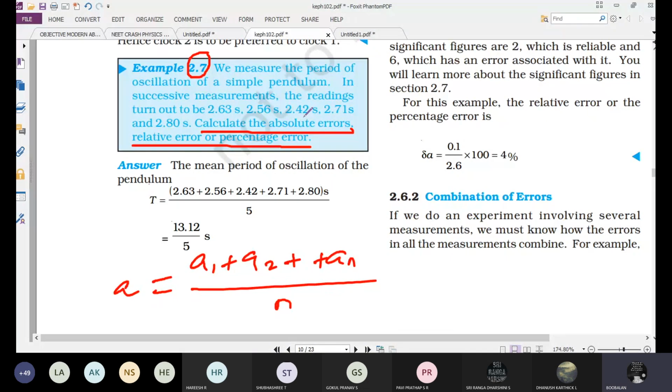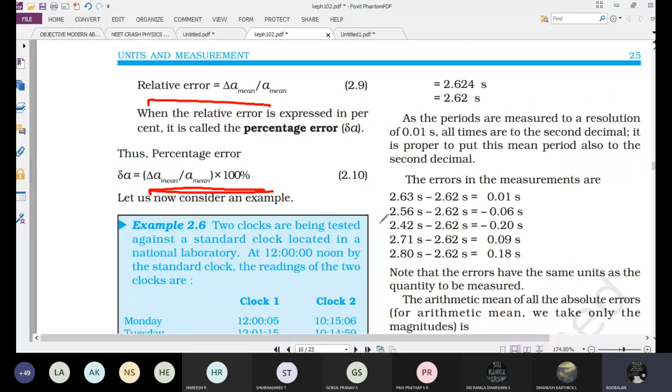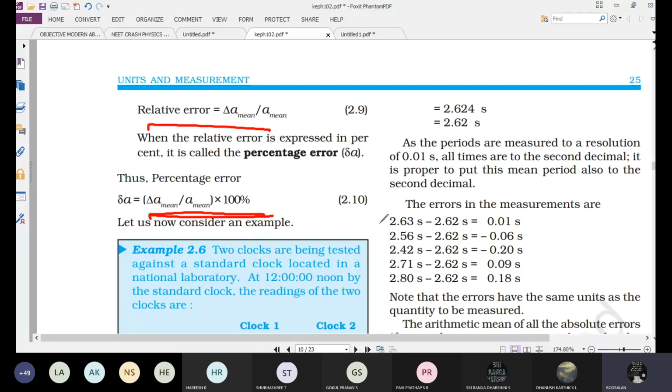Then I will get the value of A, that is the true value. So the true value is 2.62. Next, we want to find the absolute error.